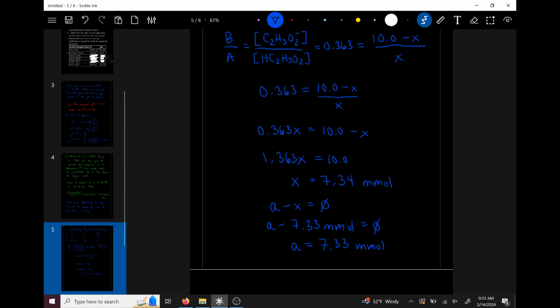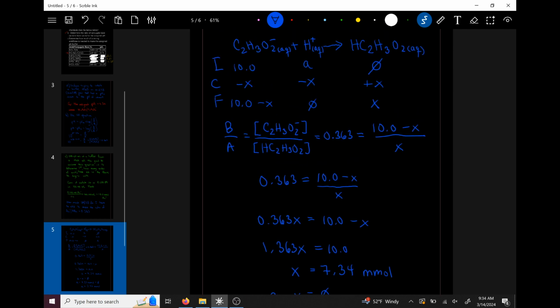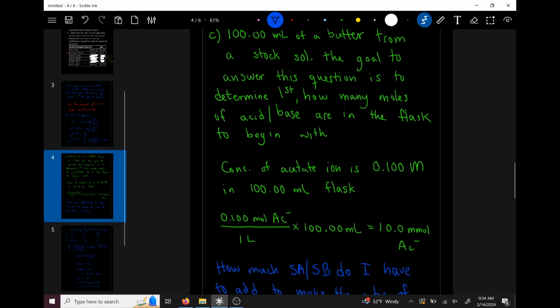Okay. Fantastic. All right. So this tells me how many moles of acid I have to add to the system. I'm going to do a conversion in a second to figure out how many milliliters I have to add to the system, right? Now, before I get to that, I want to figure out what amount of sodium acetate I have to add to the flask so that the concentration of the sodium acetate to begin with is 0.1 moles per liter, right?